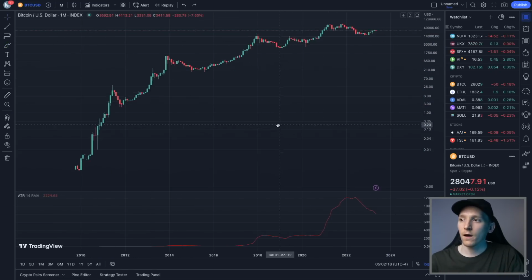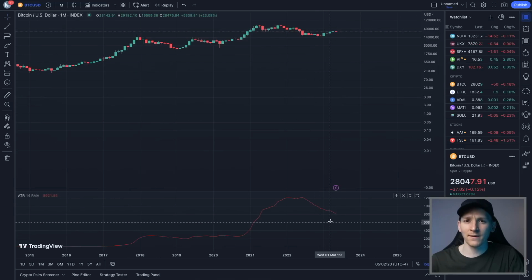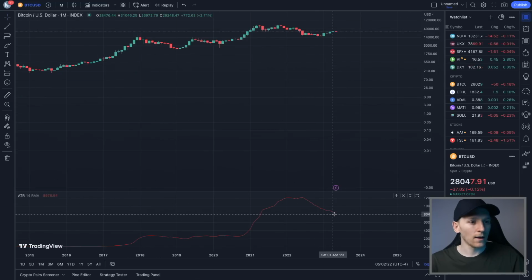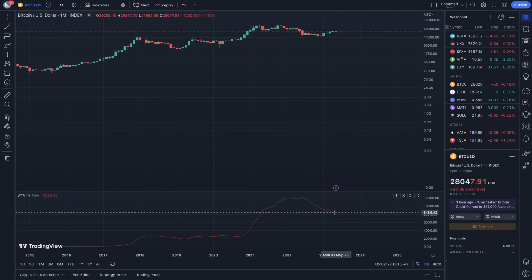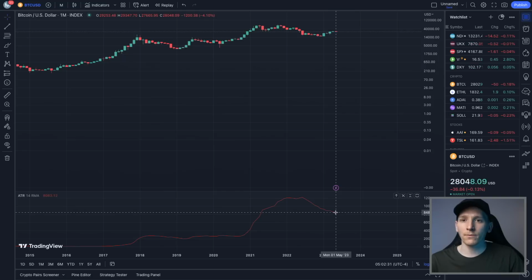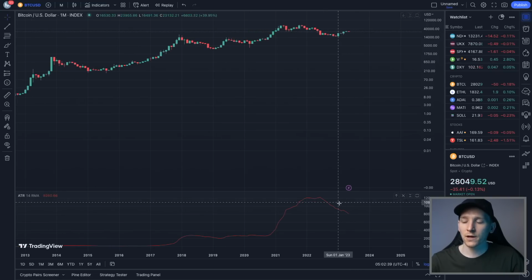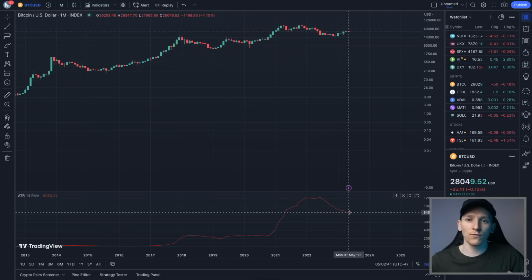But anyway, over a month, you can see that the ATR for BTC is around $8,000, so $8,500. What that means is every month, Bitcoin on average can move $8,000 totally normally. And so if you're investing long-term with leverage, an $8,000 move may actually be stopping you out of your trades and all of your account is gone.